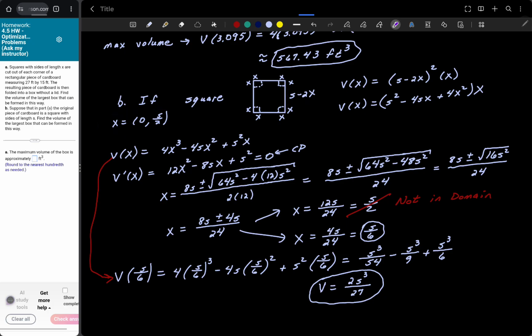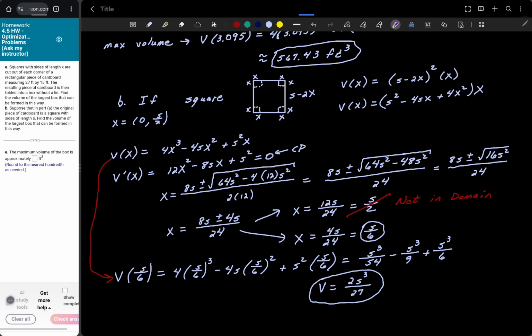So I know x has to be less than half of s, because if x is equal to s over 2, then 0 would be the length of each side of your base. So the height of my box needs to start at 0, not including 0, and go up to, but not including, the length of my side s divided by 2.